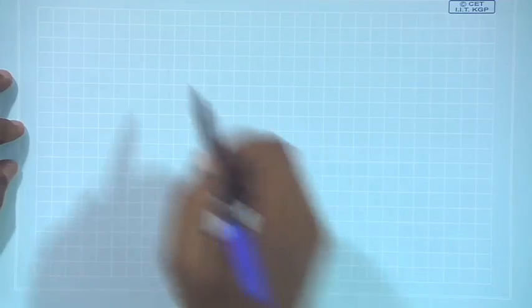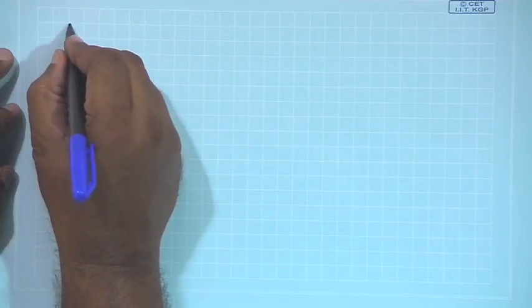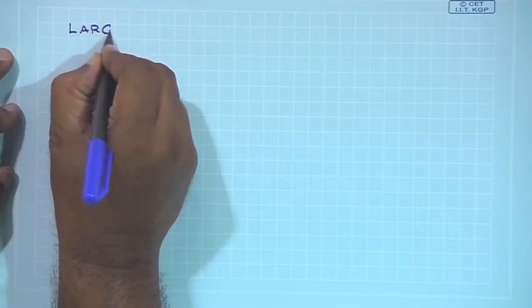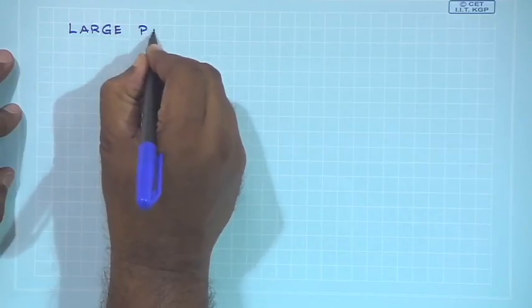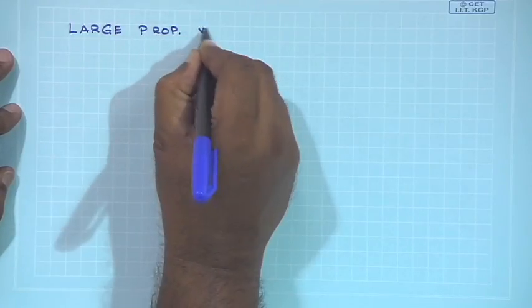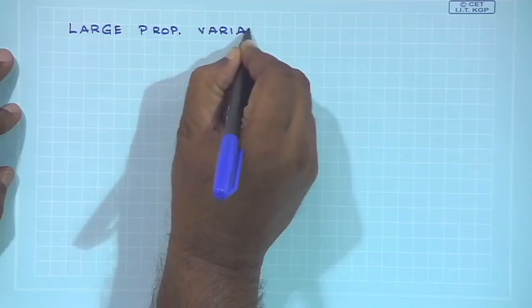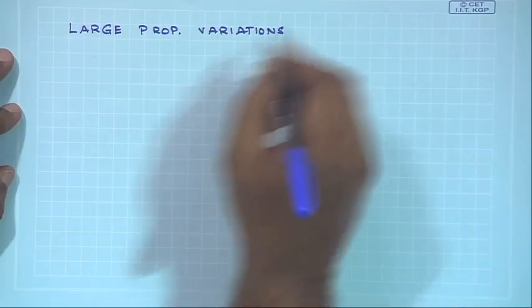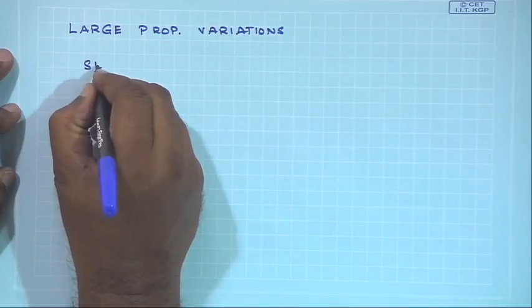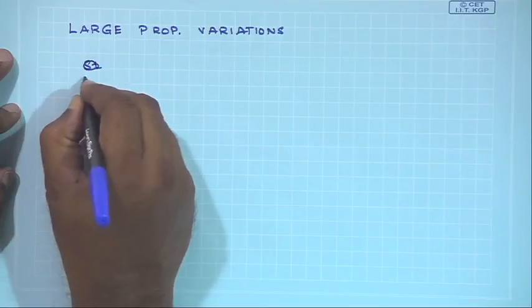So, let us see what this looks like. When you have a large property variation, the equation to be used is the Sieder-Tate equation.